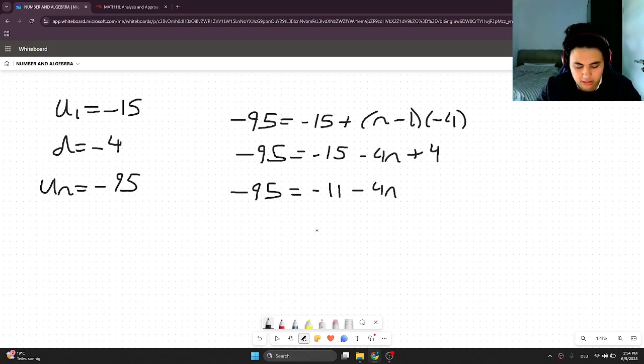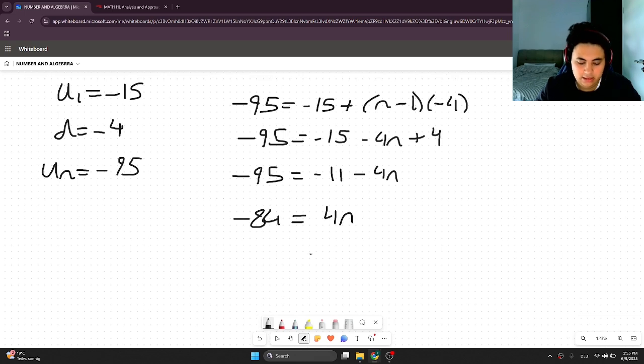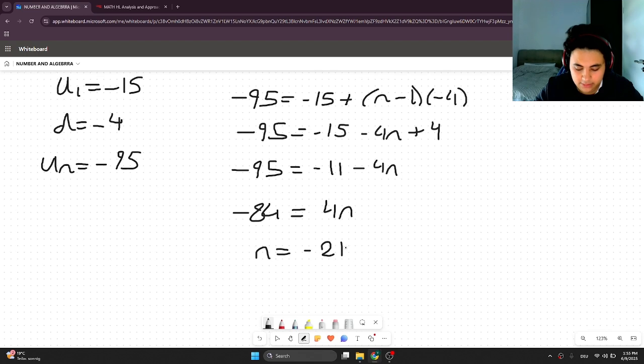Negative 95 plus 11 is negative 84, which is equal to 4n. Dividing negative 84 by 4 gives negative 21. We don't have to write the negative, there's just 21 terms.